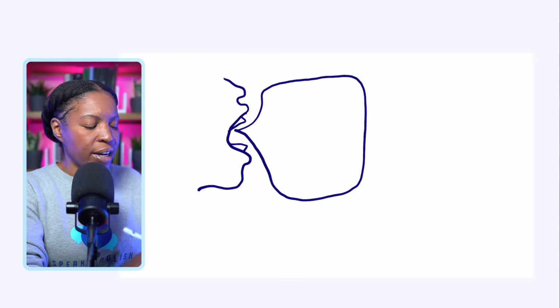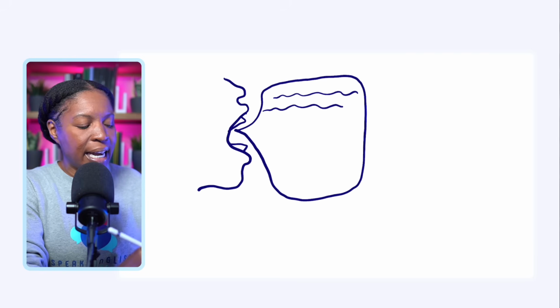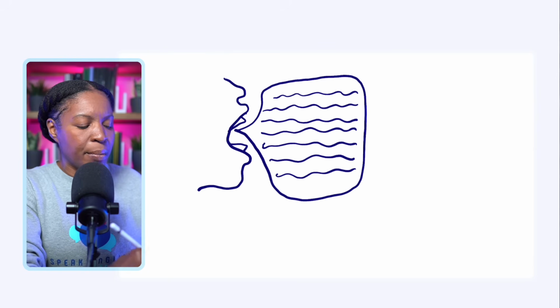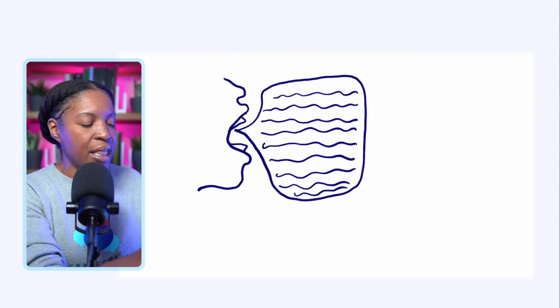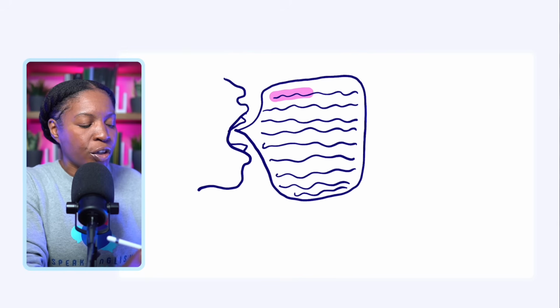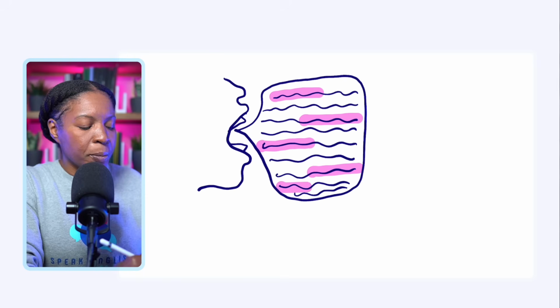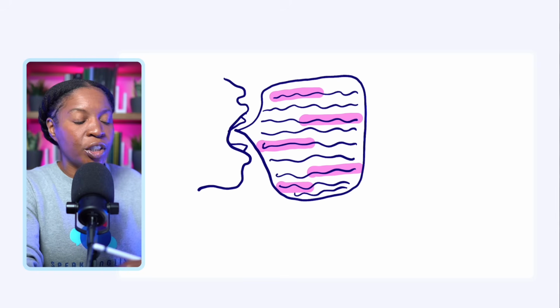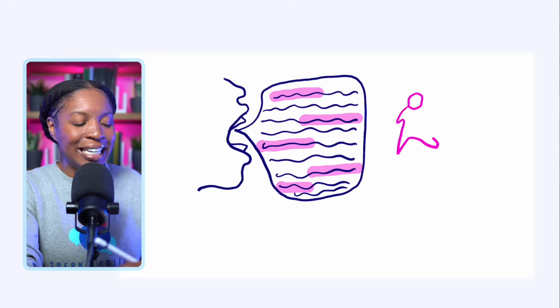So for this stage, let's say an individual is saying many different words and you're trying to grasp everything, but then all of a sudden, in the midst of their words, you hear the main points. And these main points turn into a shape, which is the main idea of their story.